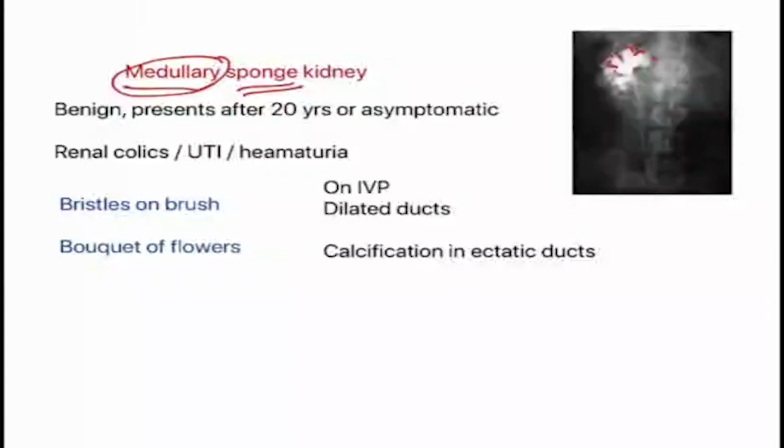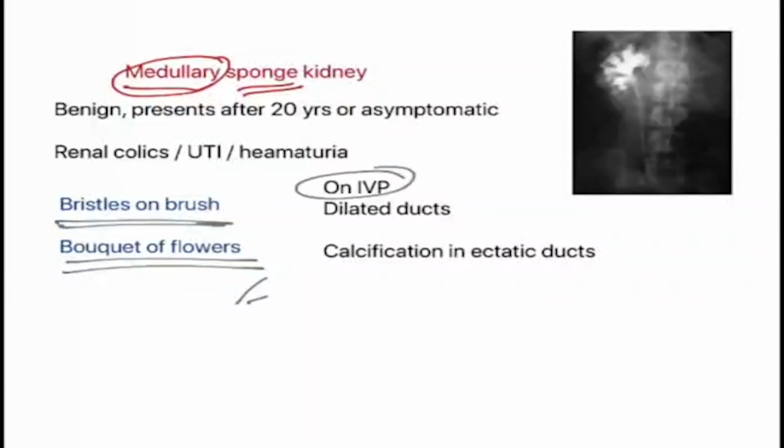Coming to the medullary cystic kidney or medullary sponge kidney. In this the medulla is involved and dilated, which is radiologically seen as bristles on brush or bouquet of flower appearance on IVP.